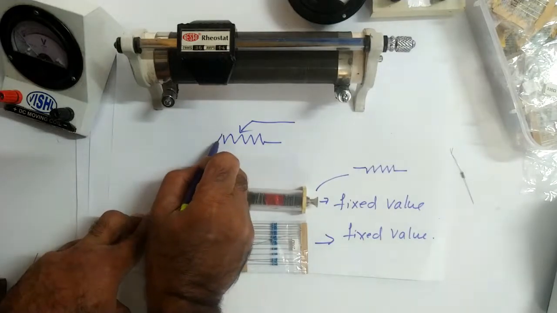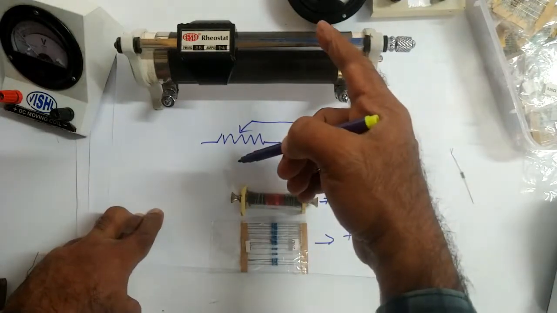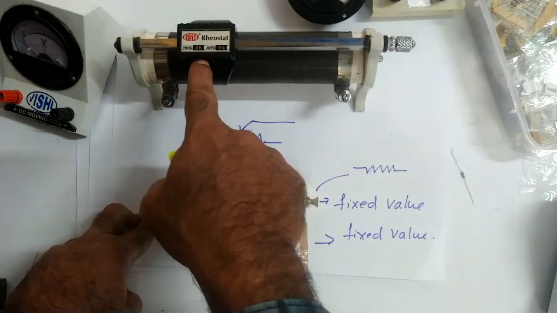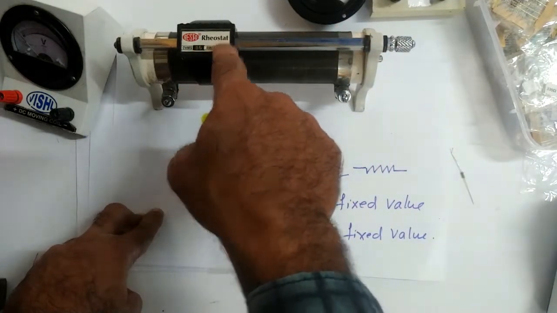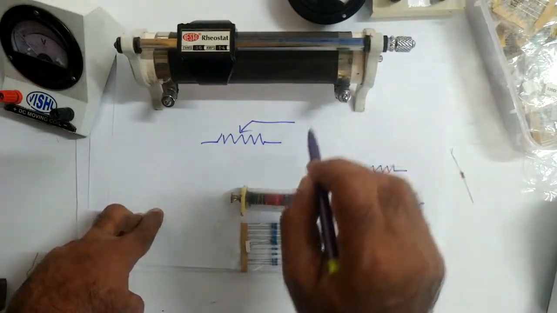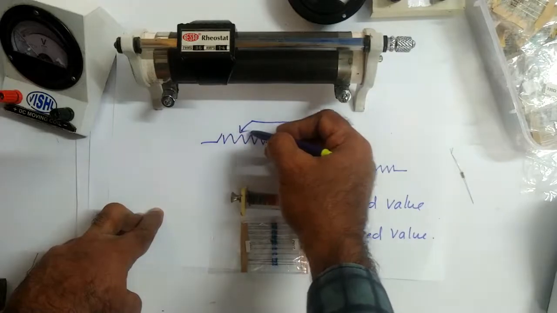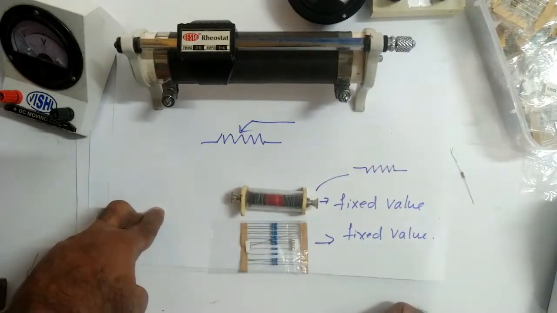So this is the symbol of this resistance, which is called a rheostat, a variable resistance. This represents the head. You can move this and change the value of the resistance.